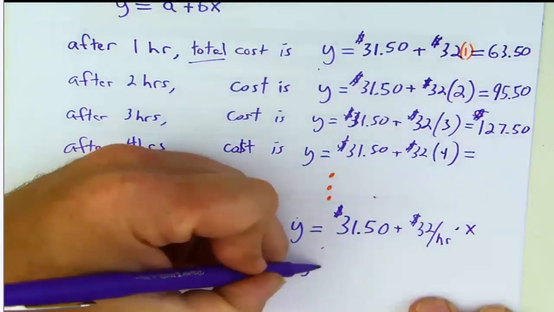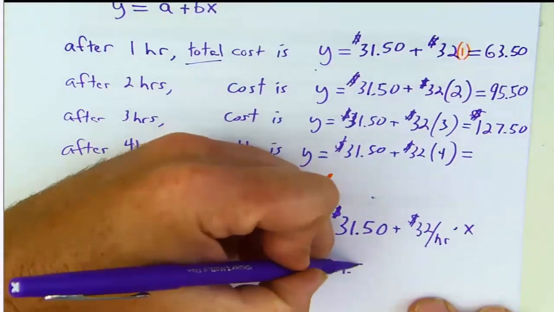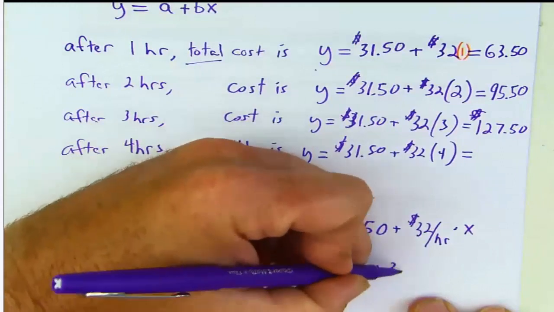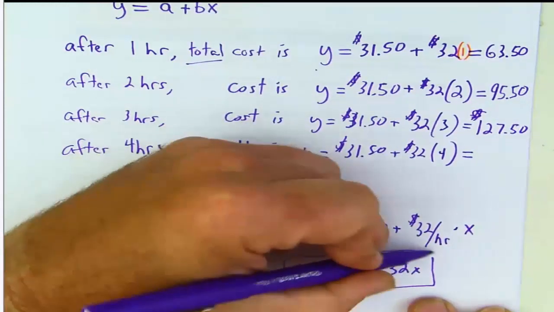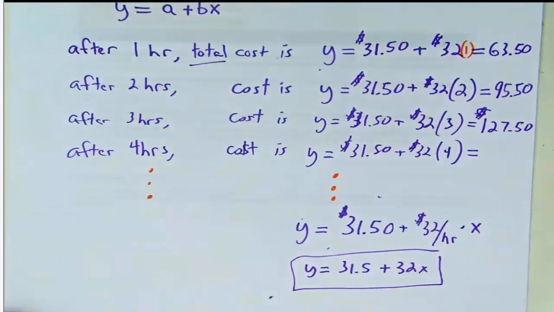Or just simply y equals 31.5 plus 32x. So that's the equation that they were looking for.